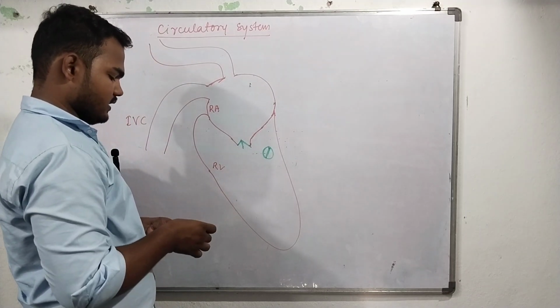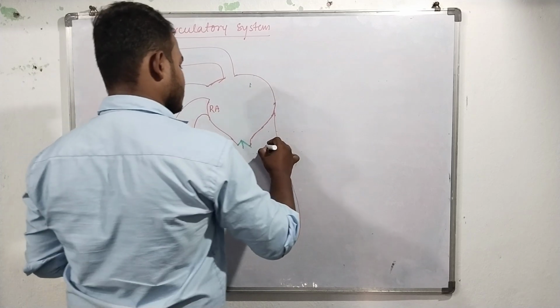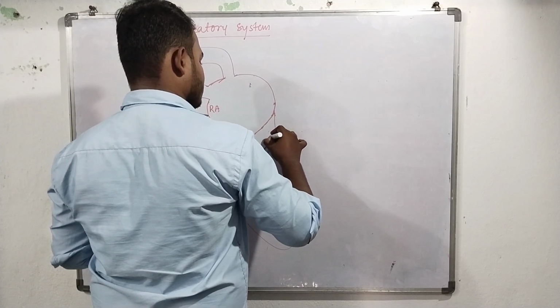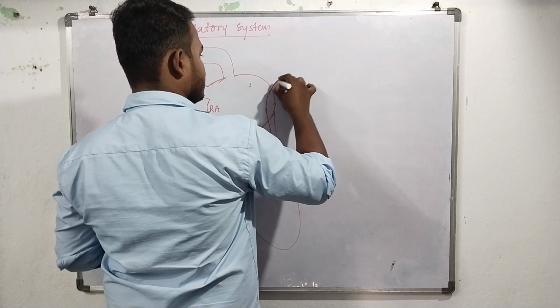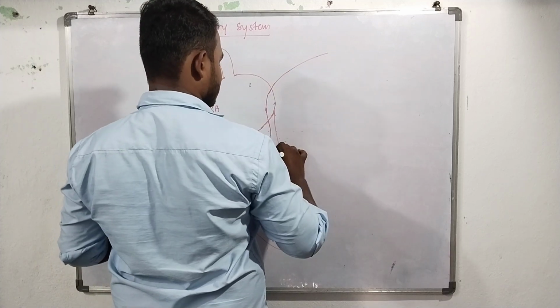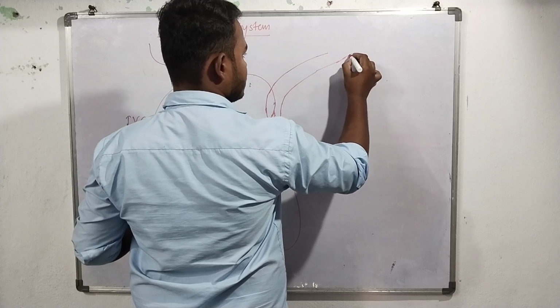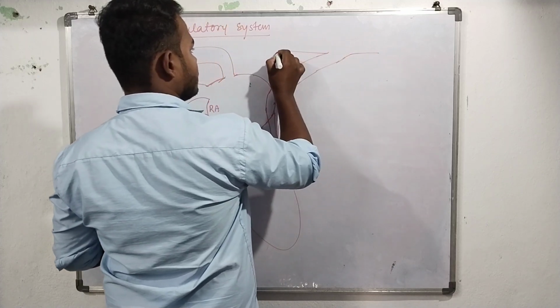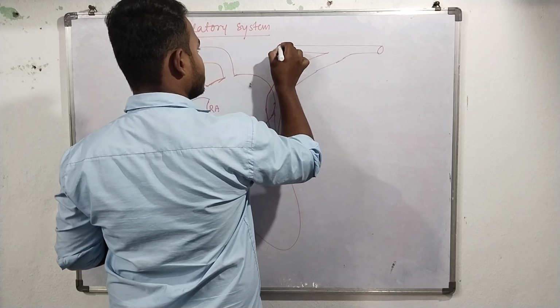By this pulmonary valve, the blood goes to the lungs.